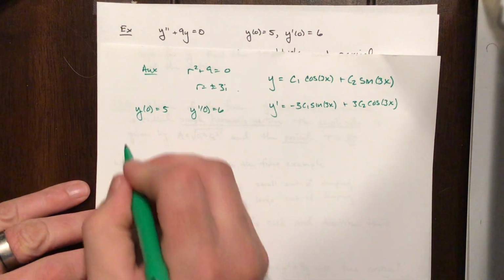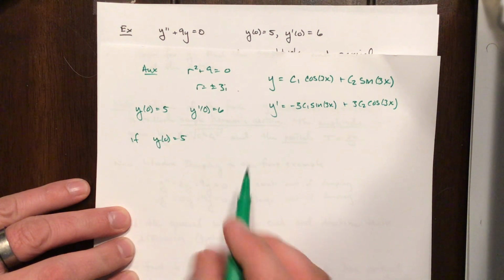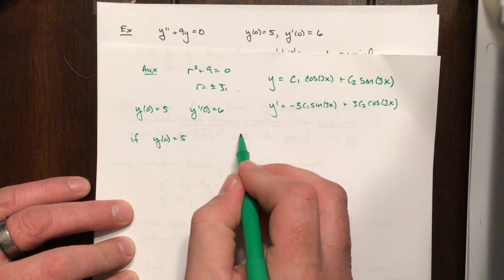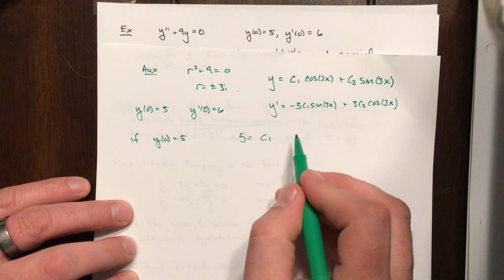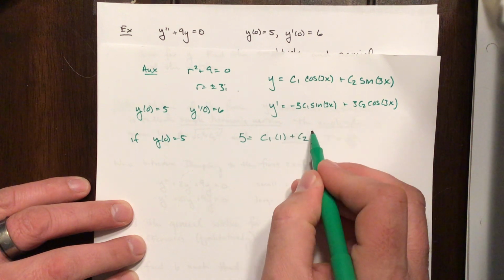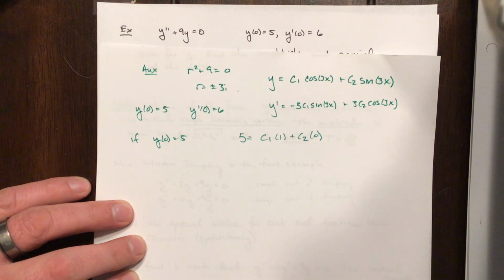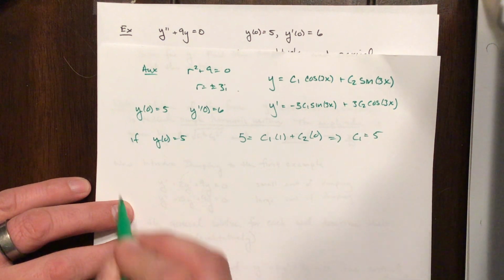Now, if y of 0 is 5, using the first equation, we get 5 equals c1 times the cosine of 0. Cosine of 0 is 1, plus c2 times the sine of 0, that's 0. So that implies that c1 is equal to 5.